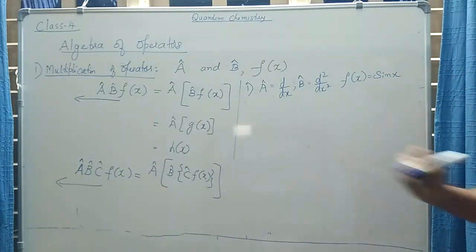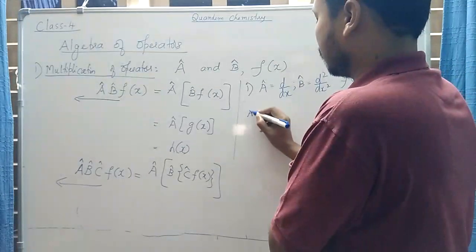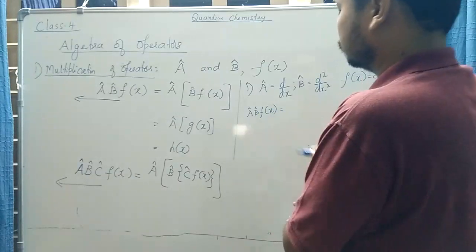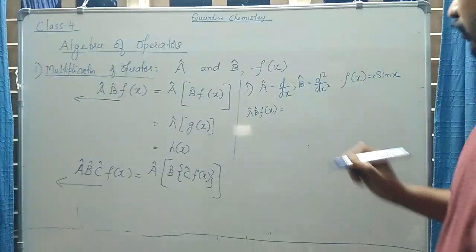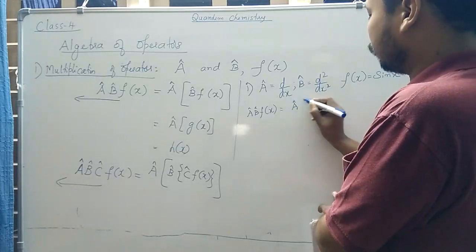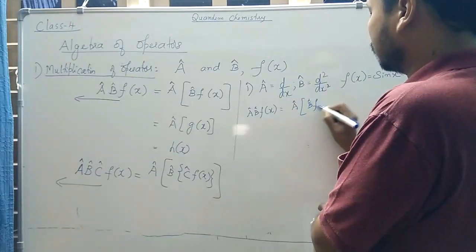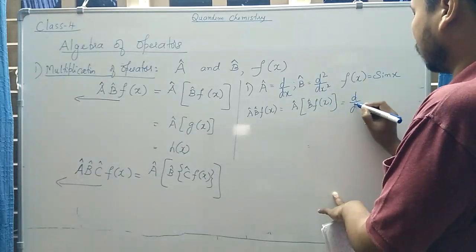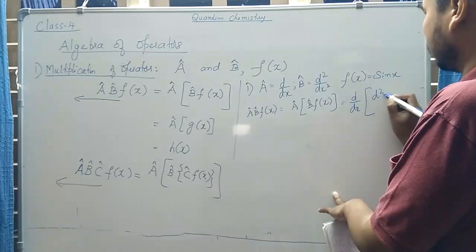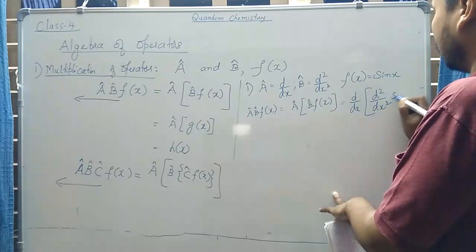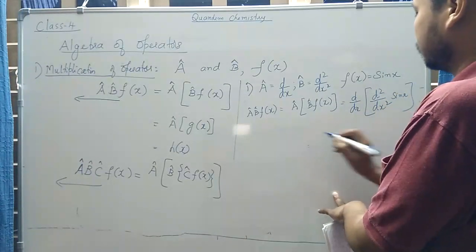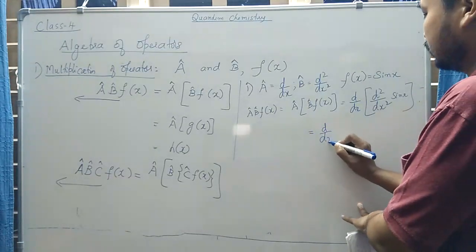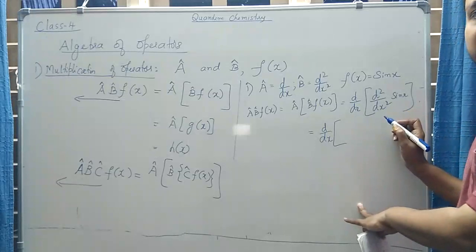Let us first calculate A into B of f of x. It is A of B of f of x, that is d by dx of d square by dx square of sin x, which is d by dx of, what is the double differentiation of sin x?